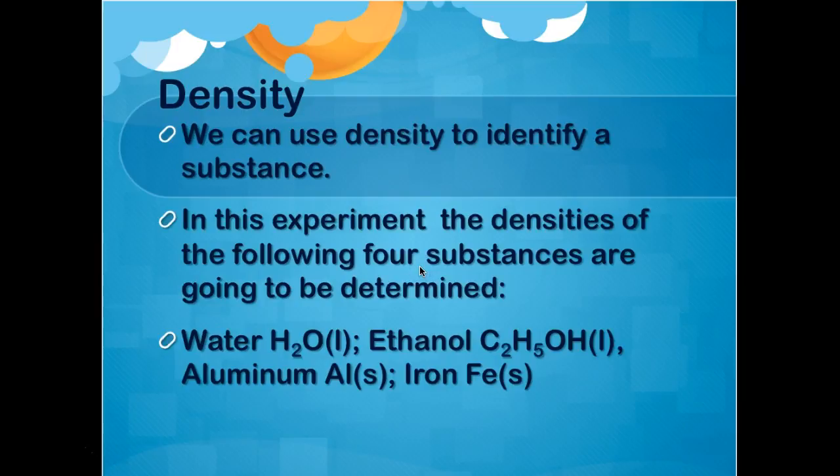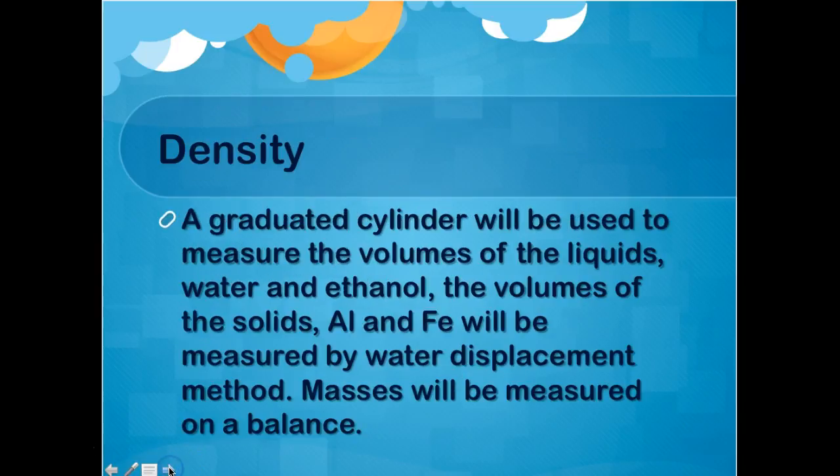So in this experiment, we're going to be measuring the densities of two liquids, water and ethanol, and two solids, aluminum and iron, as well as an unknown metal. So we start out by taking a graduated cylinder to measure out the volumes of the liquids, water and ethanol, and then we will measure the volumes of those metals using the method of water displacement.